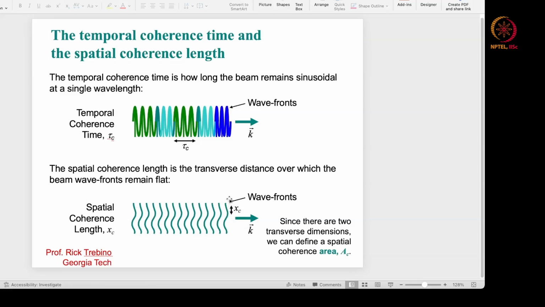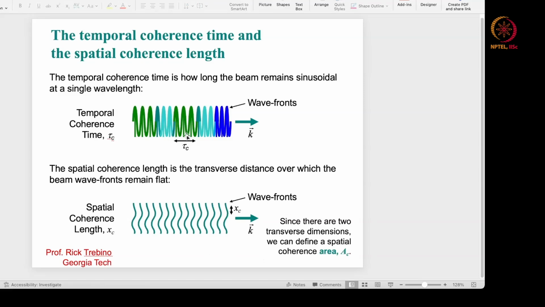Understand this: it is the transverse distance over which the beam fronts, for example these wiggly lines that you see, remain flat. But there are two transverse dimensions, x and y, and therefore we can define a spatial coherence area, which is called Ac as well.